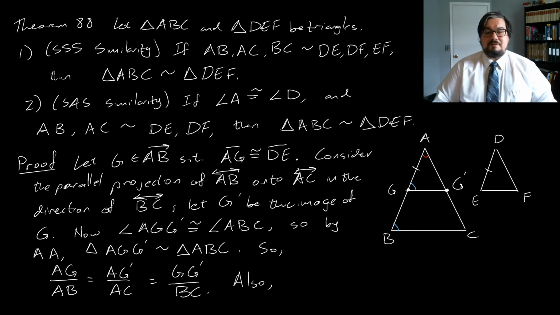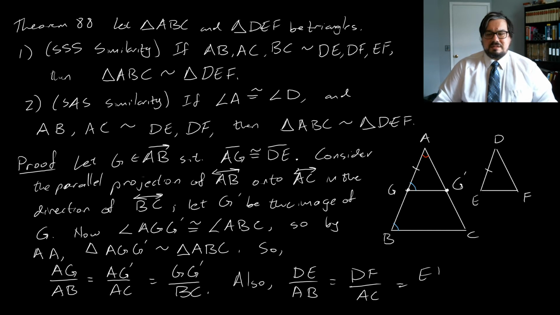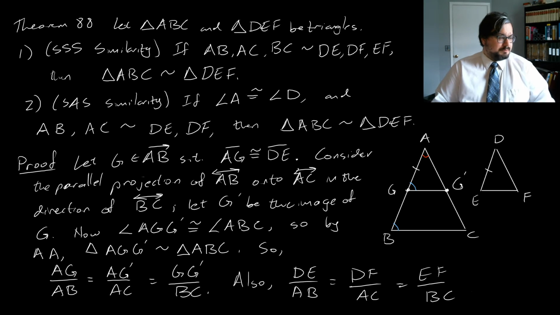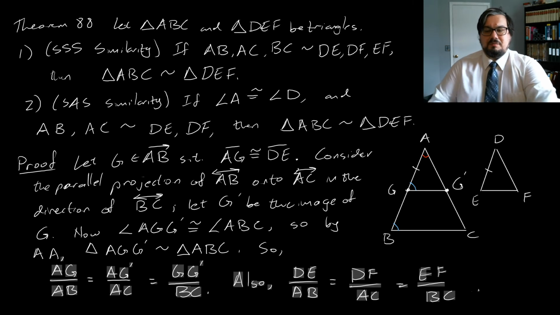Also, we have by the hypothesis that AB over DE is equal to AC over DF. Oh, sorry, I actually want these ratios in the other order. We want that DE over AB is equal to DF over AC, which is equal to EF over BC. So let's take these two facts, move to the next page.